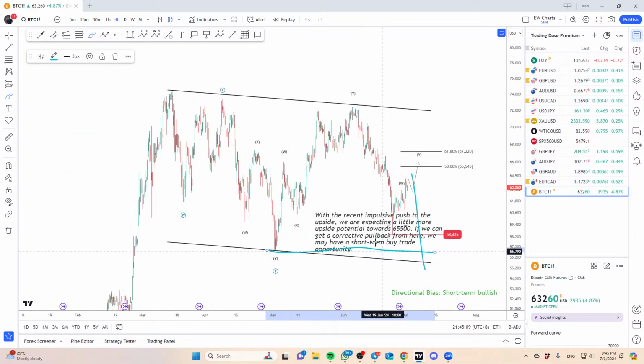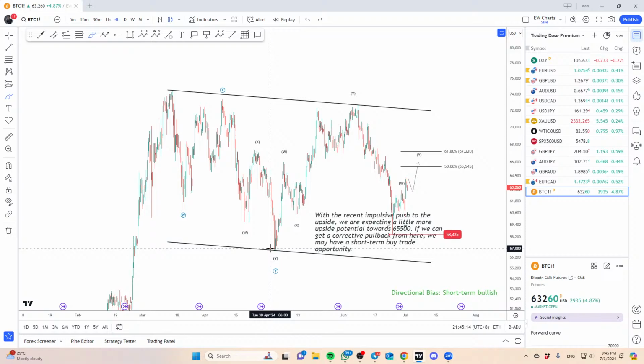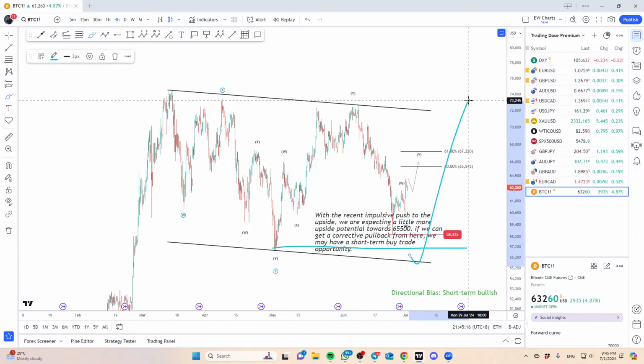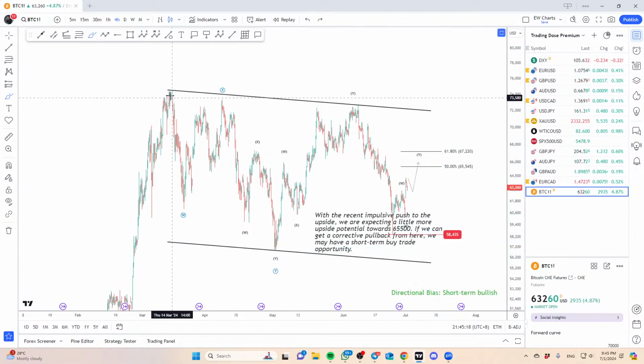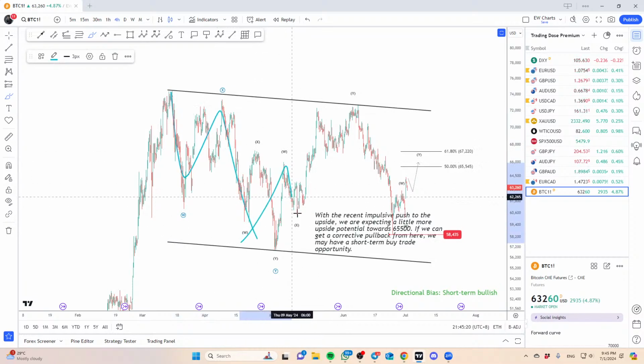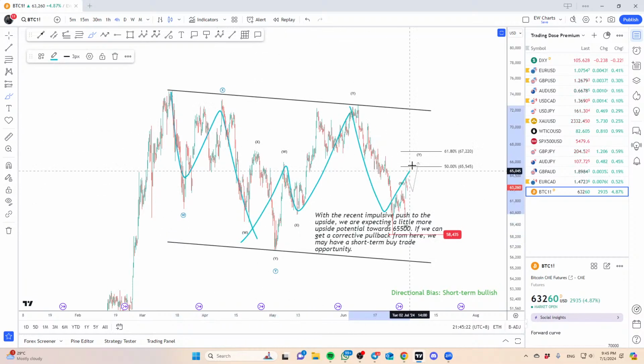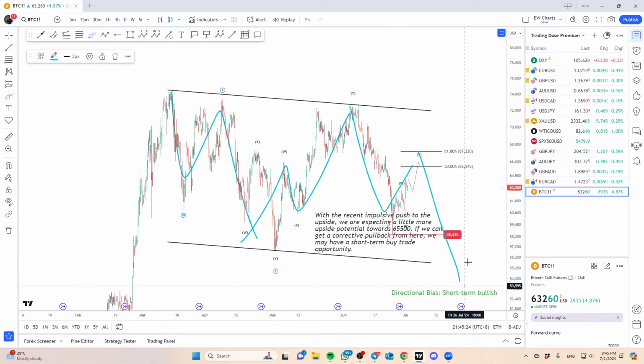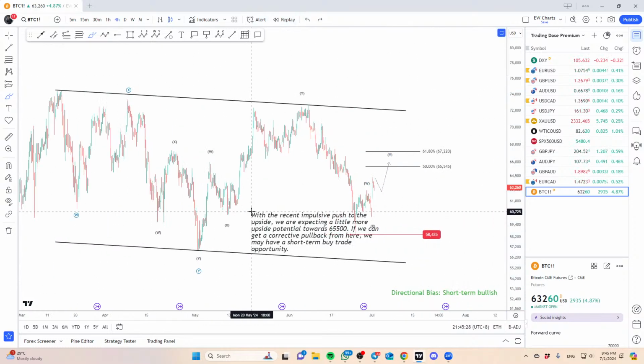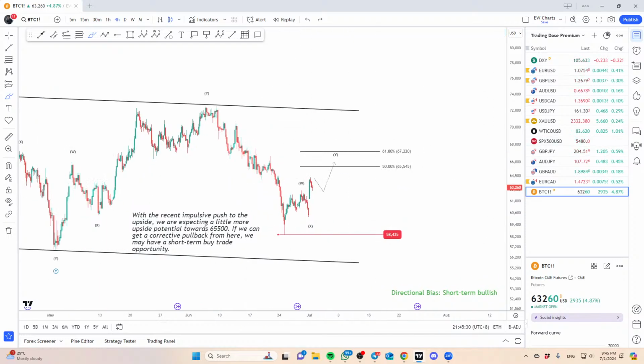Okay, so looking at the bigger time frame structure perspective, we may take out that low first before the push up, right? So kind of like a 1 2 3, 1 2 3, right? Then this may be a 1 2 3, taking that out and then go. So yes, that's the take on BTC over here.